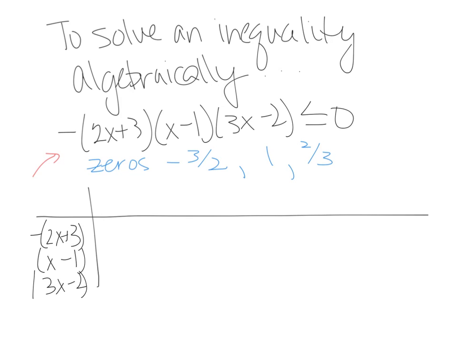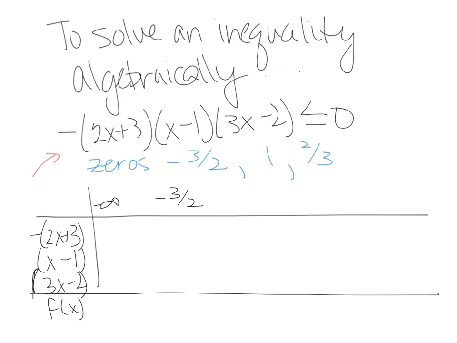Each of these factors are multiplied together to give our final f at x, whatever it was originally. At the top, I'm going to put all the numbers for my intervals. So here we'll start with -infinity, and then the most negative one out of the three is -3/2, and then the next one up would be 2/3, and then 1, and then positive infinity on the right.